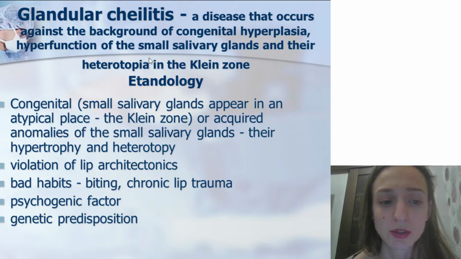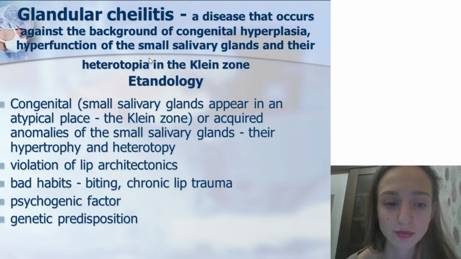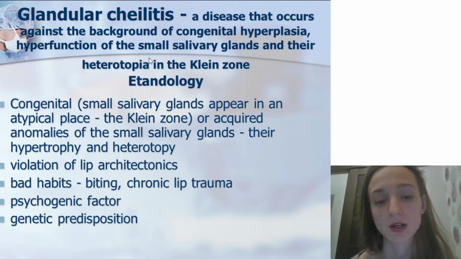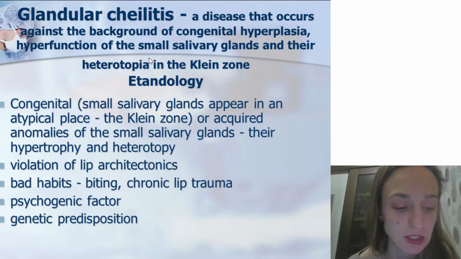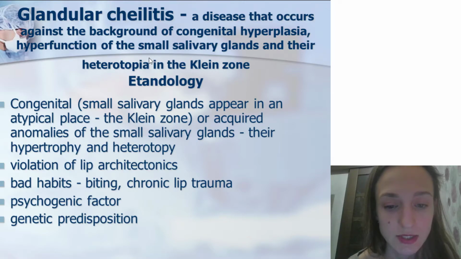You should know about the congenital small salivary glands and the etiological factors: violation of lip architectonics, bad habits, biting, and chronic lip trauma. And next, psychogenic factors and genetic predisposition.